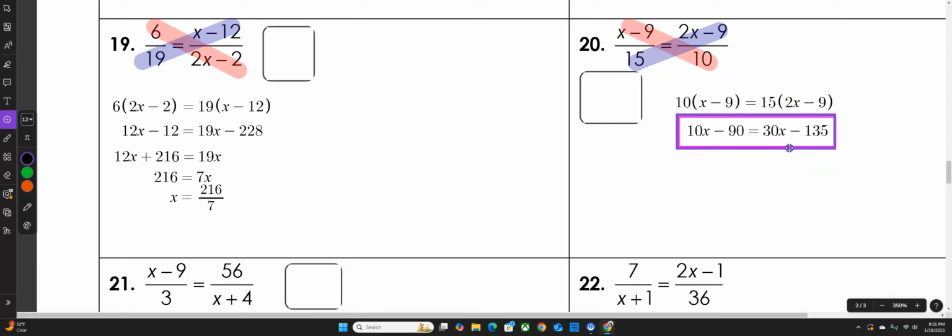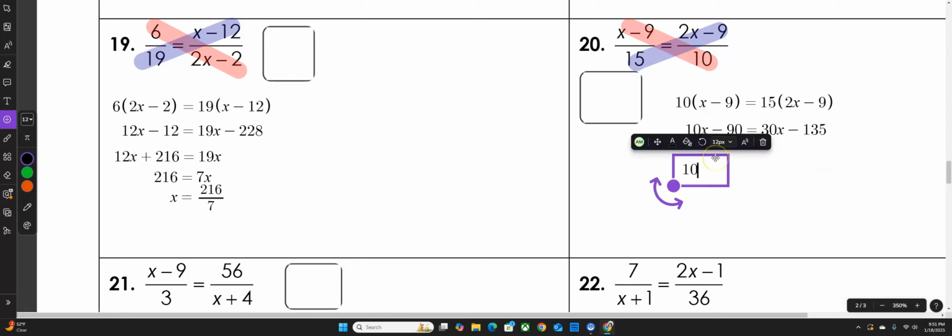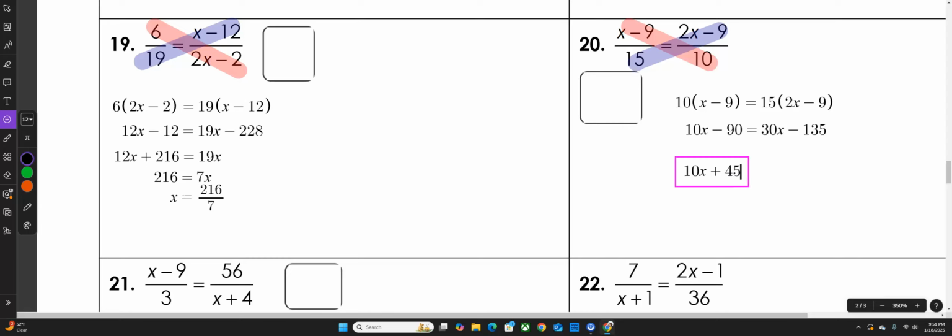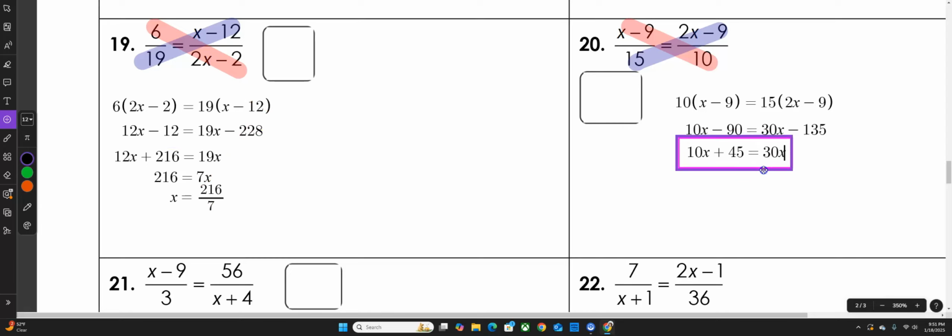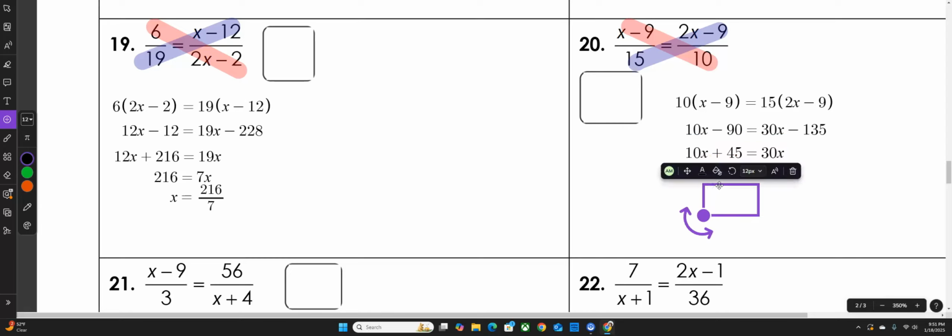All right, I'm going to add 135 to both sides. So that's going to give me 10x plus 45 is equal to 30x. I'm going to go ahead and subtract 10x from both sides, which gives me 45 is equal to 20x.